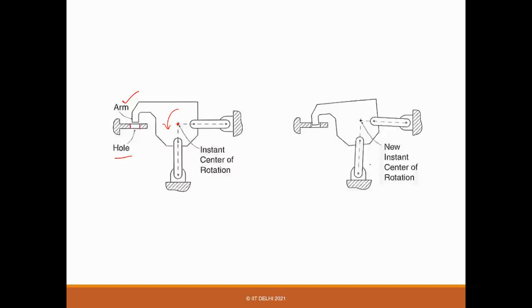Of course, at another instant it has moved, so you have another configuration. This center of rotation has moved, a new instant center of rotation, and that's why it's called instantaneous center of rotation. But for a smaller motion, it's always possible to do that.